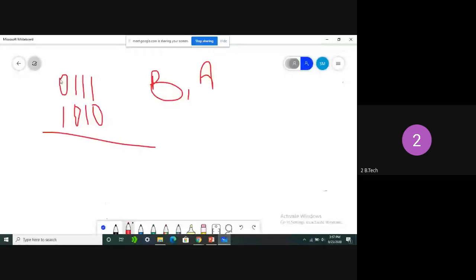Is it right or wrong? Okay, that is fine. One more thing: addition of zeros to a particular value is called padding, done to have equal lengths.